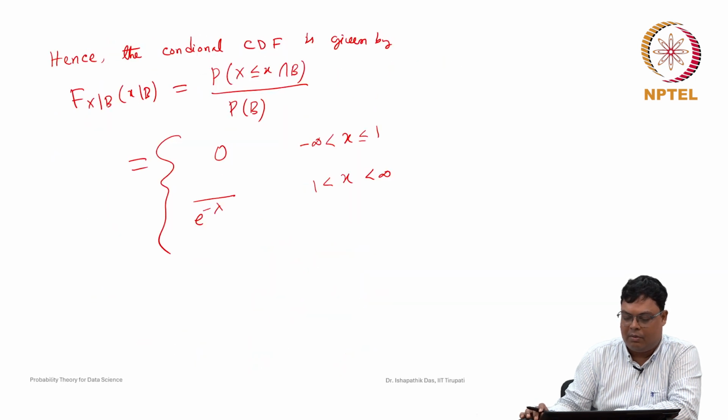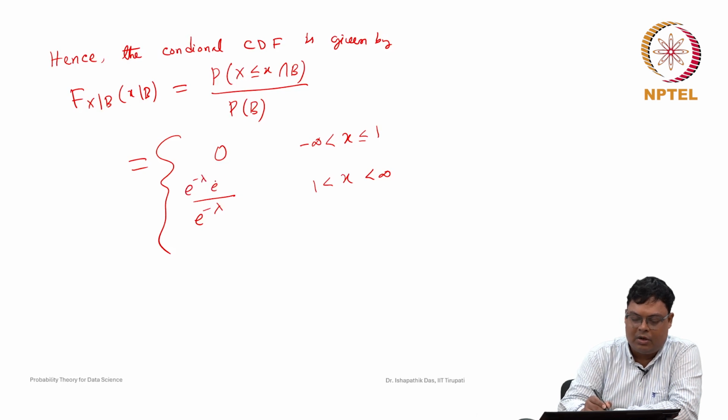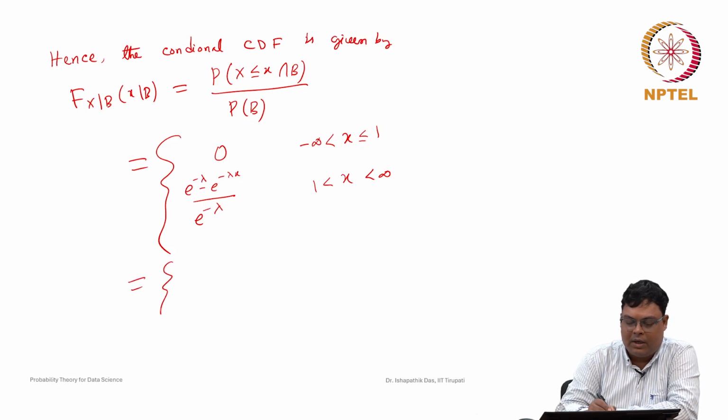So finally, what we got is 0 whenever x is less than or equal to 1, from minus infinity, and otherwise it is nothing but 1 minus e to the power of minus lambda into x minus 1, whenever x is greater than 1 and less than infinity.